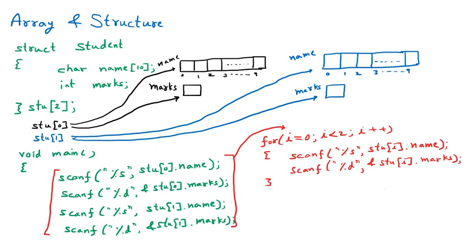Now if I have to take the output, that is very easy also. First of all, we have to declare the int I, because we are using the int I here.